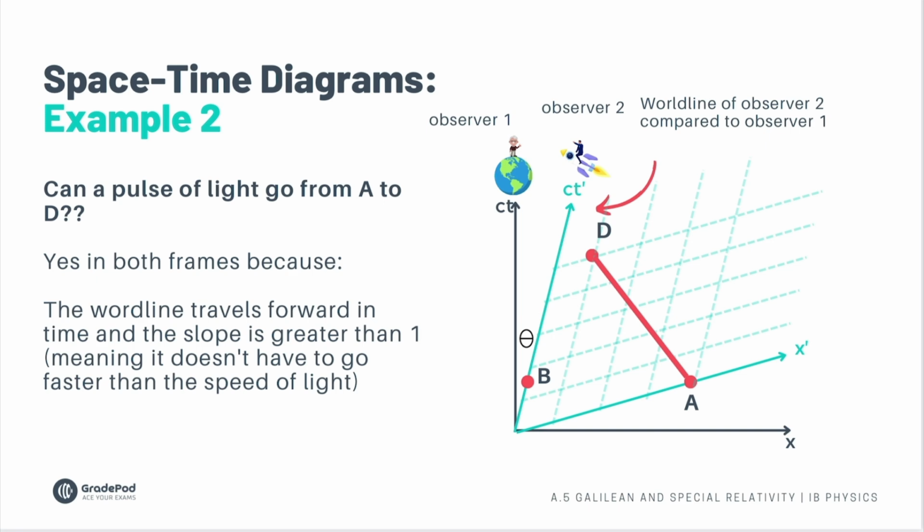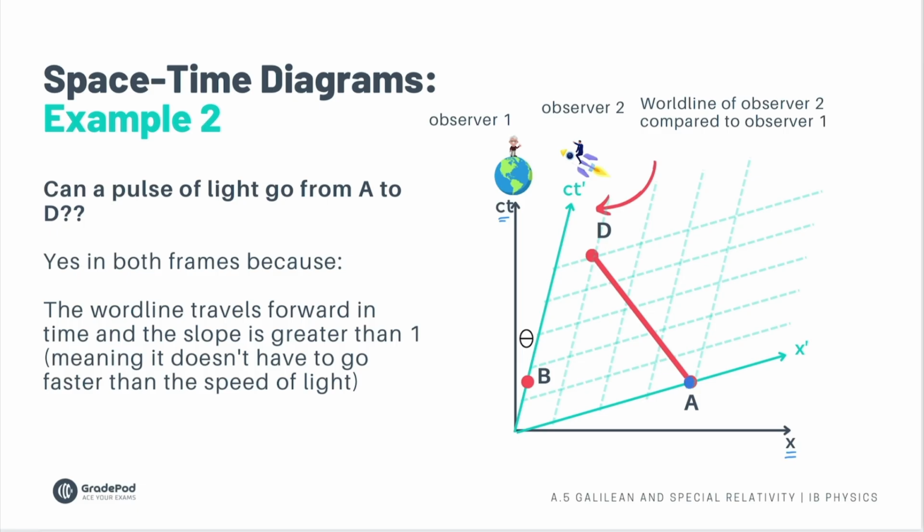Here's another example of a question you might be asked with a space-time diagram. You might have two positions on your space-time diagram, A and D, and the question might be, can a pulse of light go from A to D? I'd like to start in the frame S, the X and CT axis frame. In this frame, we know that a pulse of light will travel at the speed of light, which means that we can draw something called a light cone.